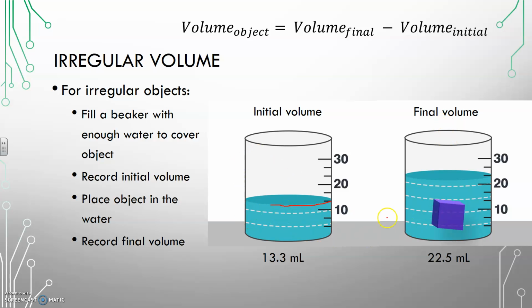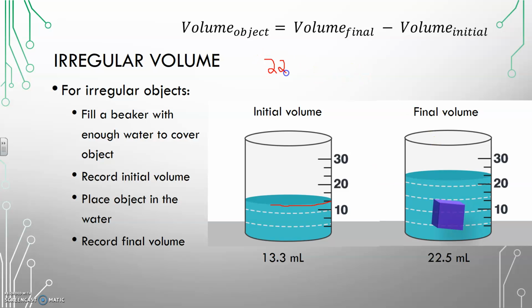Your final volume is the volume of the object plus the volume of the water, and the initial volume is just the volume of the water. So by subtracting out your initial volume, all you're getting is the volume of the object. The volume of the object equals the volume of the final beaker minus the volume of the initial beaker.